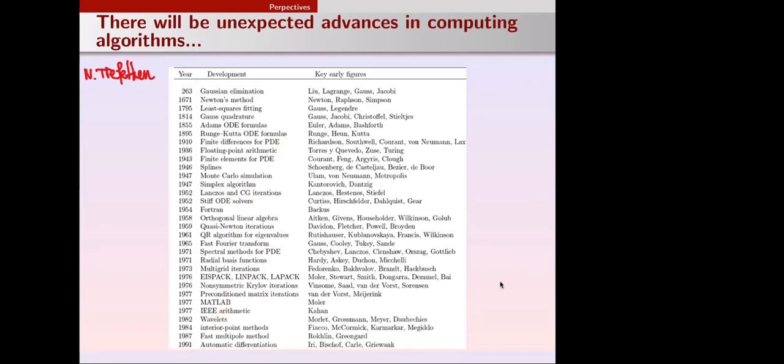So this list is, of course, not complete. This is just one list of some of the most fundamental, say, computational developments, and also the names of some of the contributors to these fields.